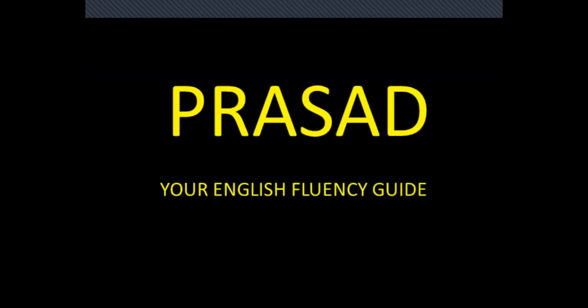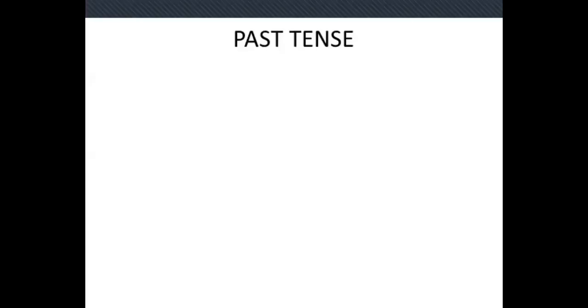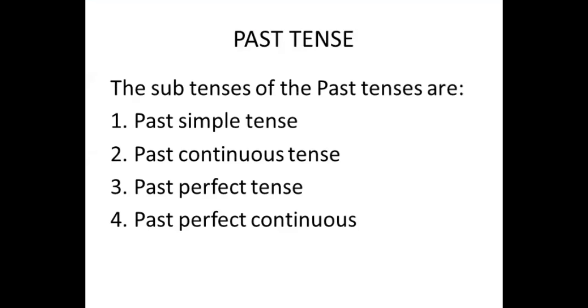In the previous class, I explained the subtenses of the present tense: present simple, present continuous, present perfect, and present perfect continuous tense. In the same way, today we are going to learn the subtenses of the past tense. The subtenses of the past tense are past simple tense, past continuous tense, past perfect tense, and past perfect continuous tense.